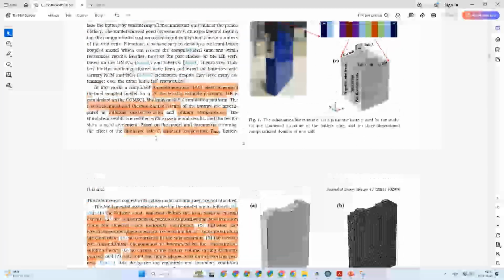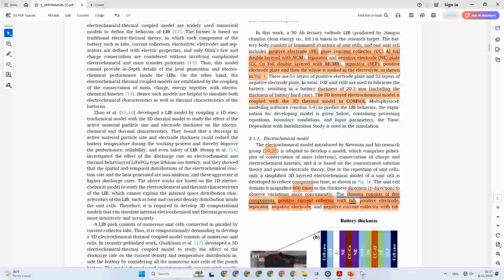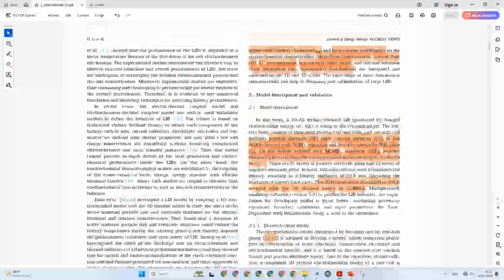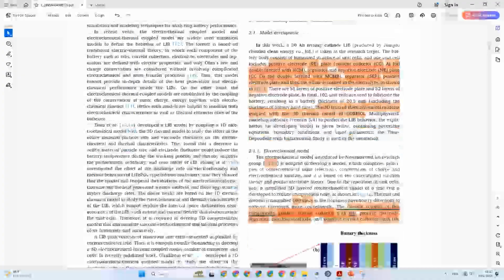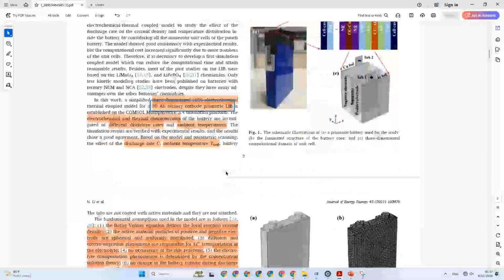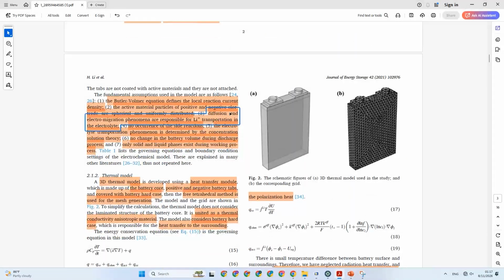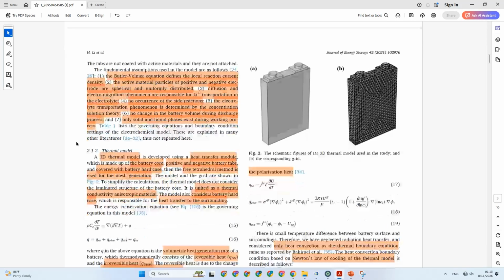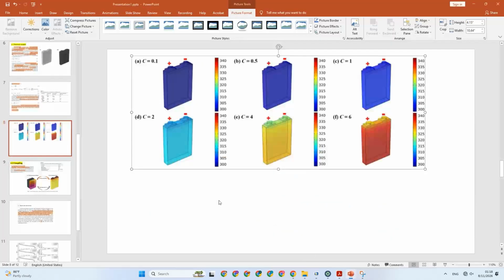Here maybe for the electrochemical part we can just have a glance at ref 24 and 26 maybe, or we can just try to add some physics and compare the model.